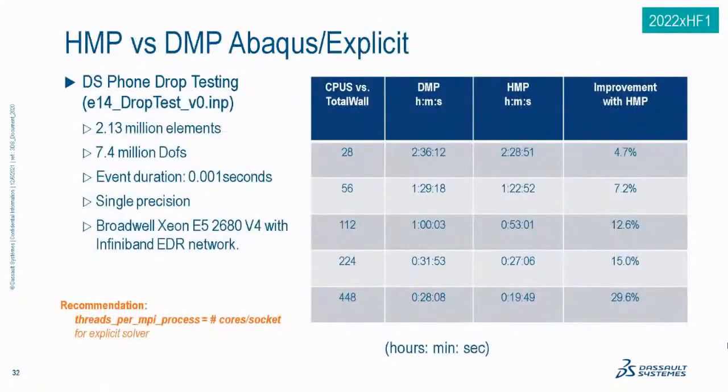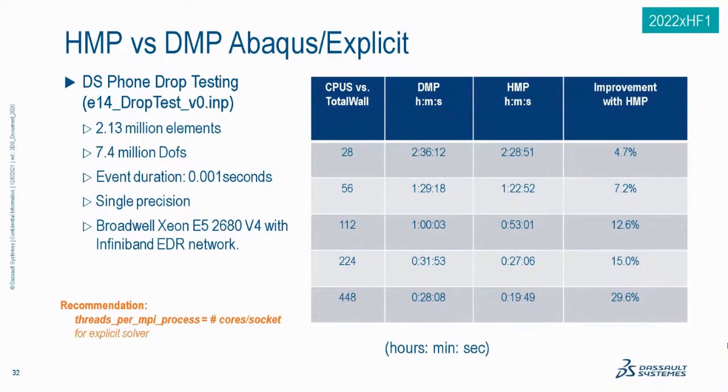The last slide I wanted to show you with Explicit is some data related to HMP versus DMP. This is the same phone drop test model that I just showed, but in this case we're running on the Intel Broadwell platform.